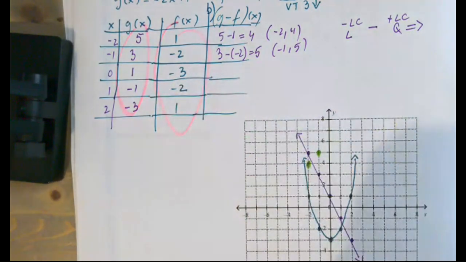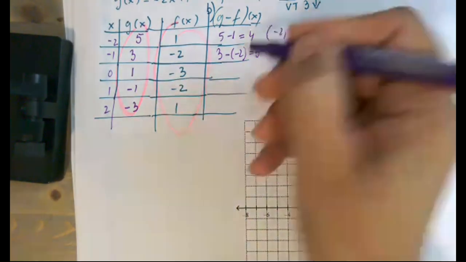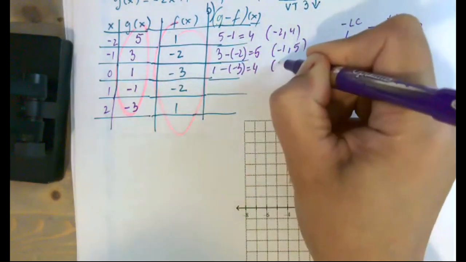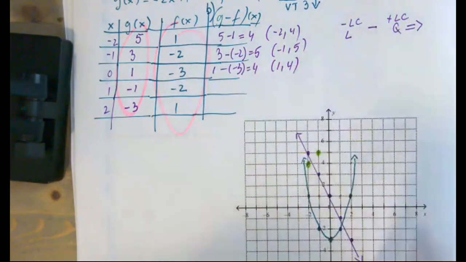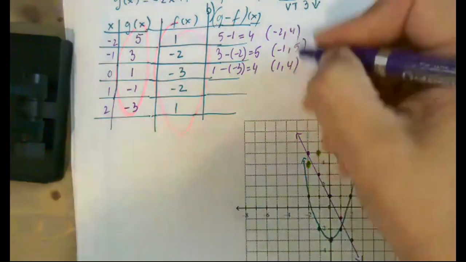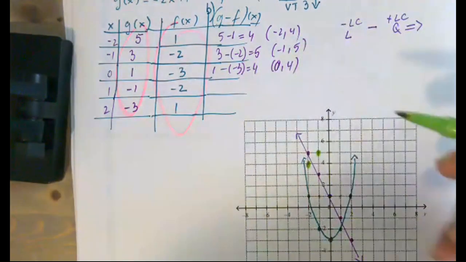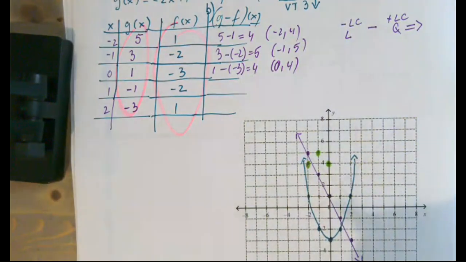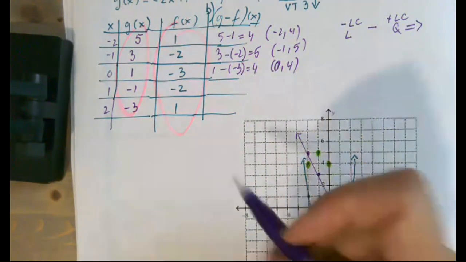1 subtract -3. We get 4. So 0, 4, not 1, 4. 0, 4. You can already see what we're going to get.